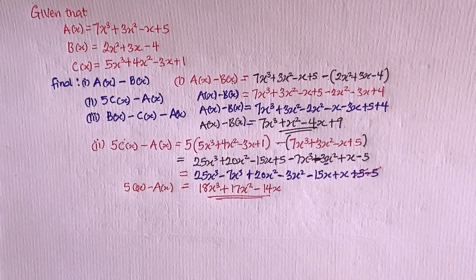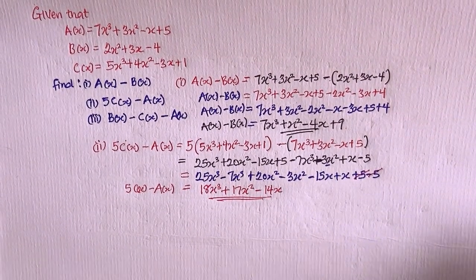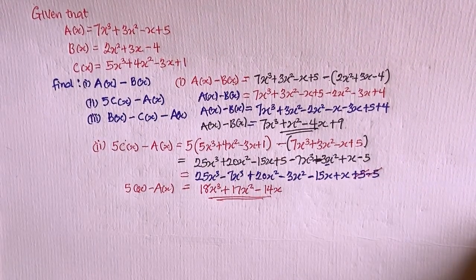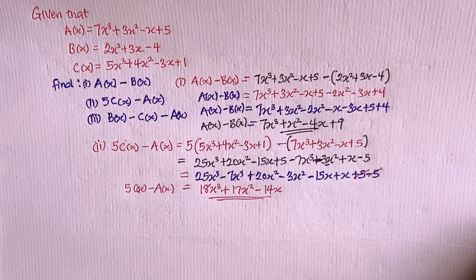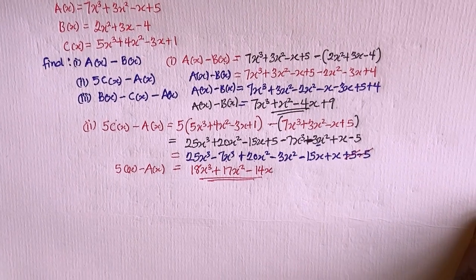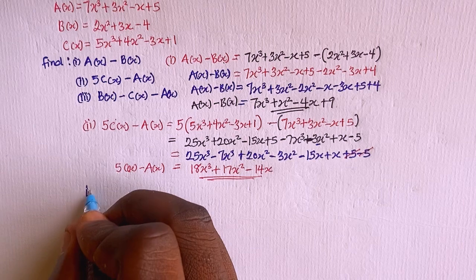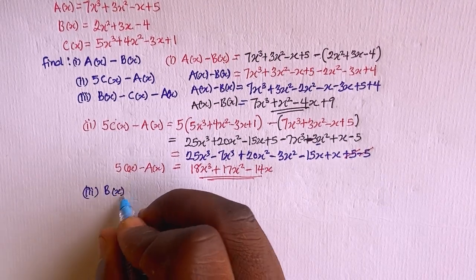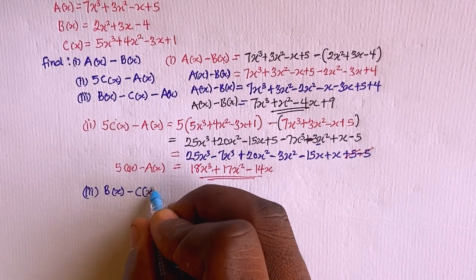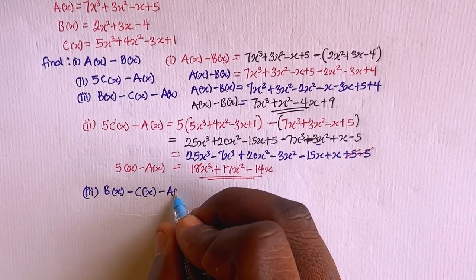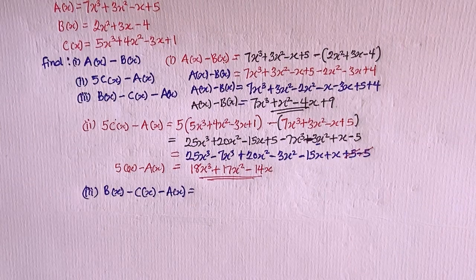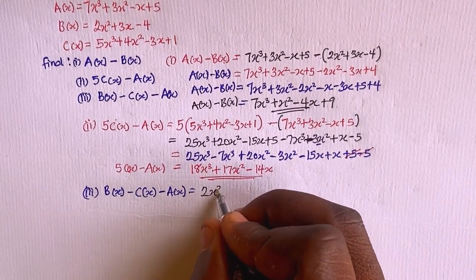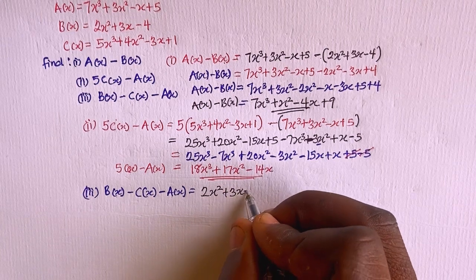So that's just it. The next thing we're going to do now is find the last one, which is b of x minus c of x and minus a of x. So in this case, it is question 3 now. Here we are asked to find b of x minus c of x minus a of x, which is equal to, b of x is 2x squared plus 3x minus 4.